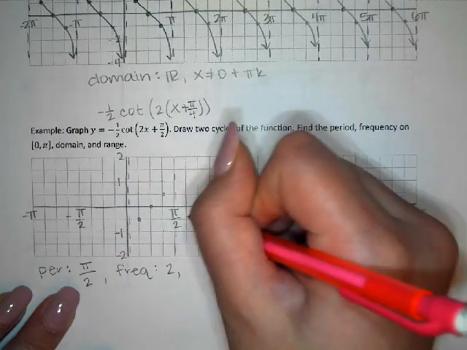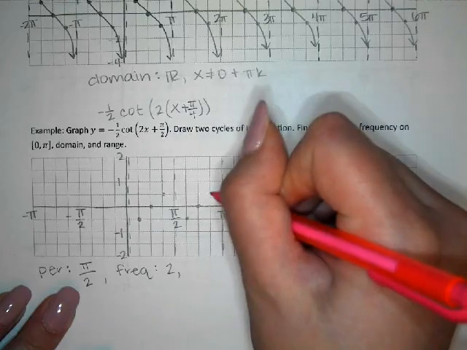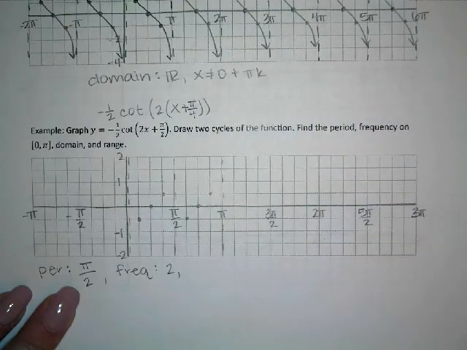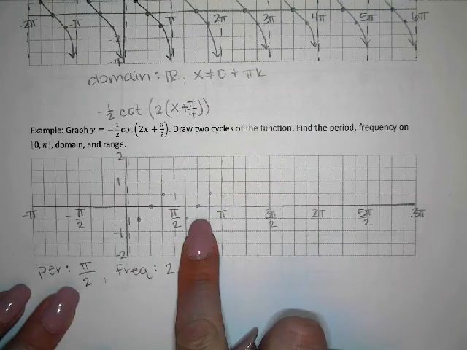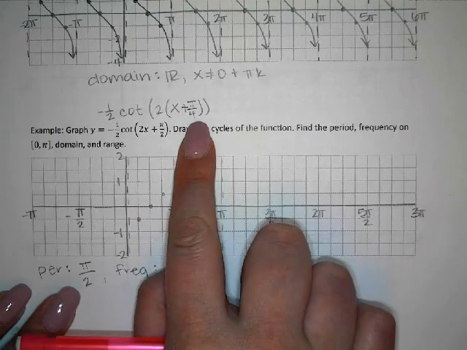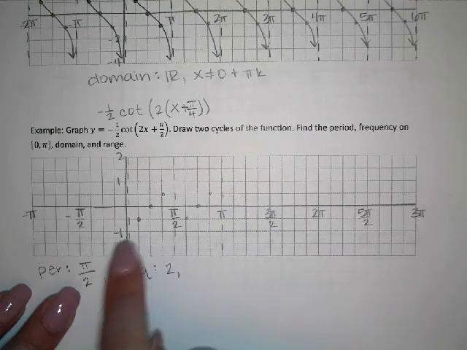Okay, now what I need to do to this entire part that I just drew lightly is I need to shift it to the left pi fourths, which is 2 boxes on the scale that I drew. Pi halves is 4 boxes, so pi fourths is 2 boxes. And as I do that, I'm just going to make it darker.